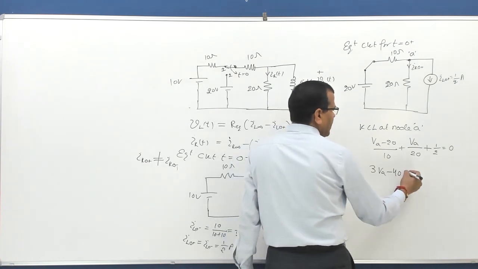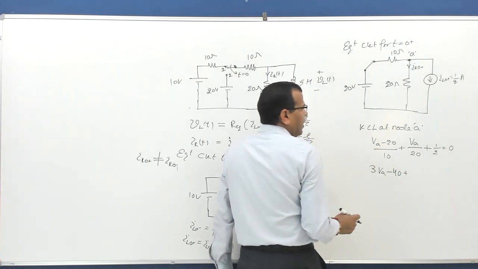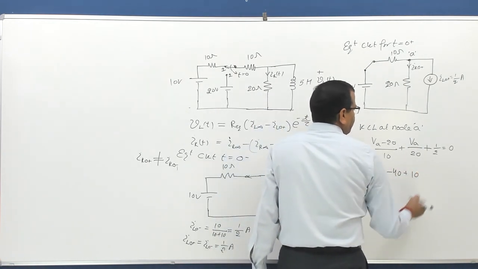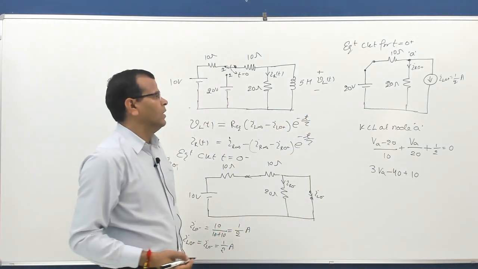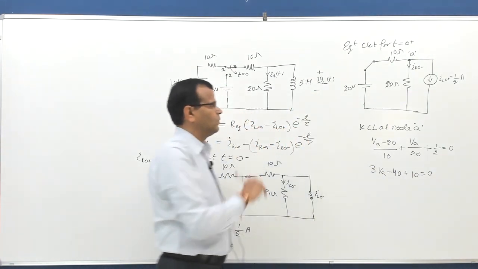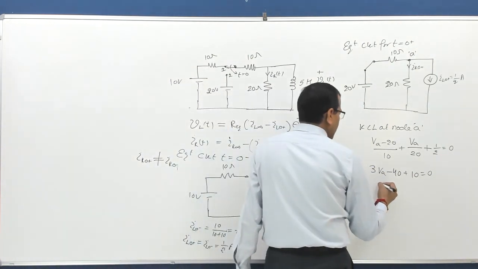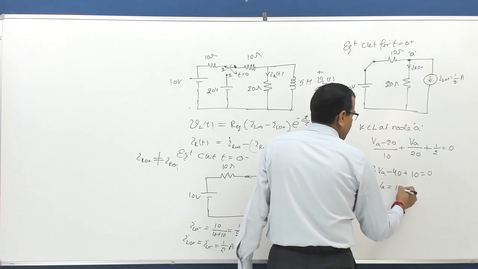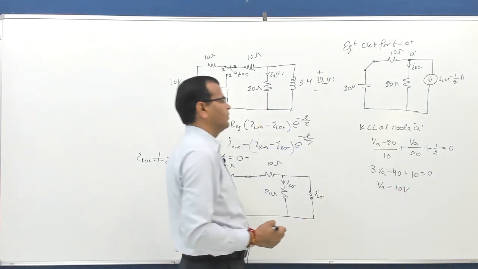40 plus 10 equal to 0. So VA will be equal to 10 volt.